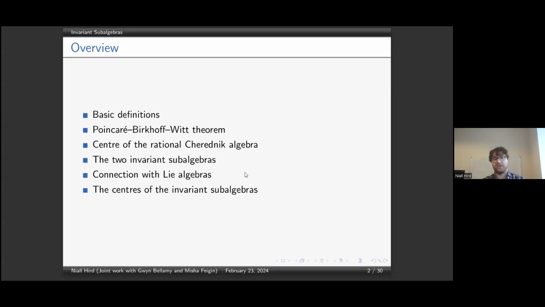And then we'll discuss the center of the rational Cherednik algebra just more generally and what we know about it so far. Then introduce the two subalgebras that we're actually interested in our research, talk about an interesting connection with Lie algebras, and then finish with some actual results on the centers of these invariant subalgebras, which is the goal.